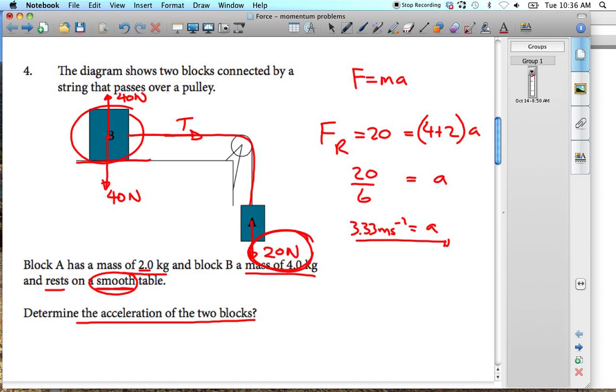Because we've got it to one decimal place or two significant figures, we would write that as 3.3 meters per second squared as your acceleration. Okay, so that's question 4. Thank you very much.